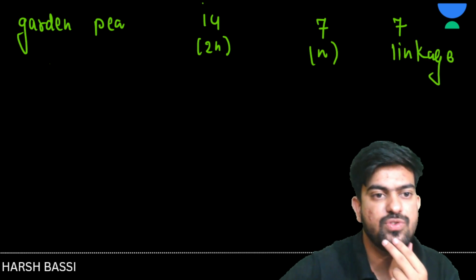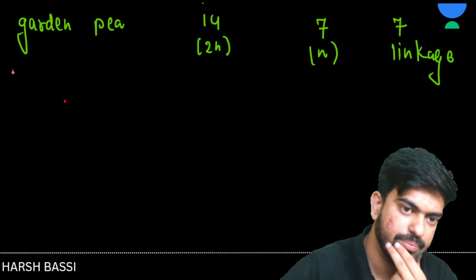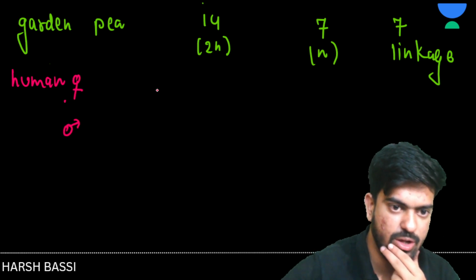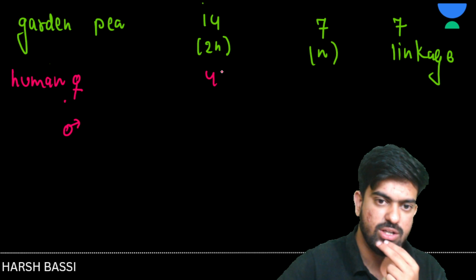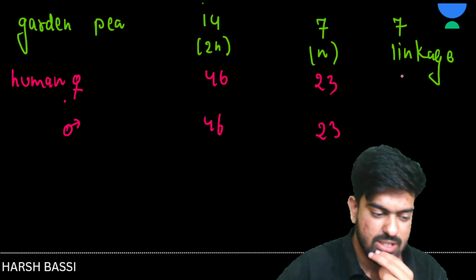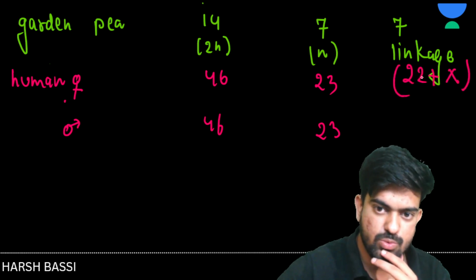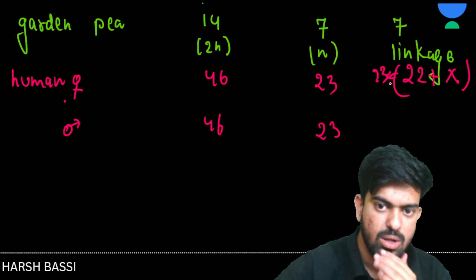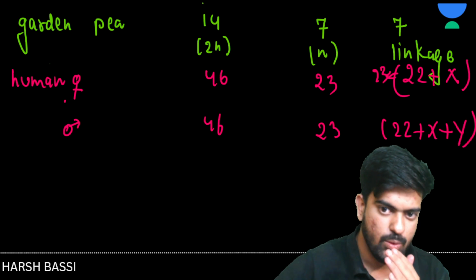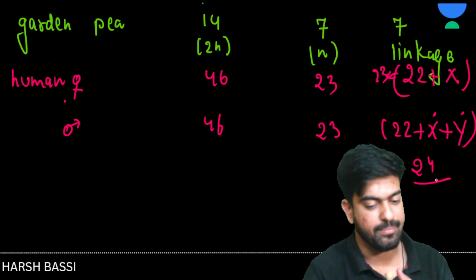Next we have the human female and human male. In human female we have 46, we have 23. Here 22 plus X, which is 23 linkage groups. But in males we have 22 plus X plus Y, which is 22 plus 1, 23 plus 1, 24 linkage groups in human males.